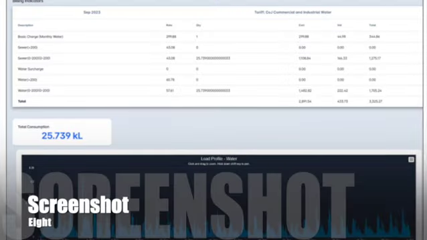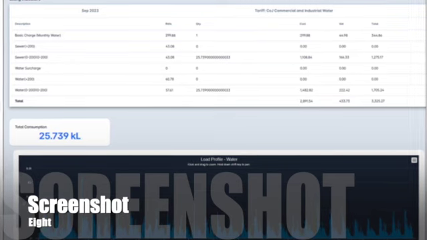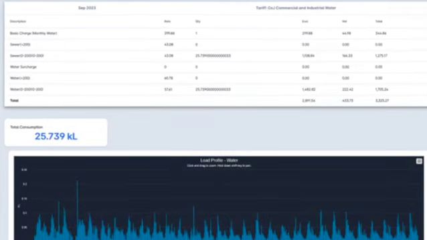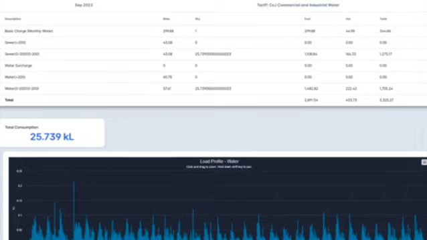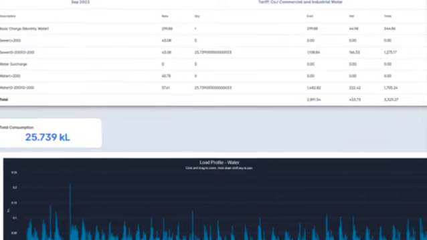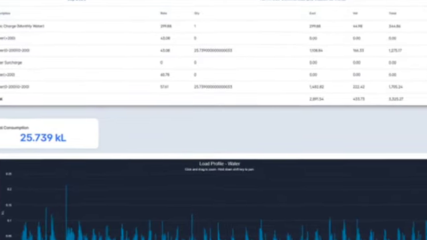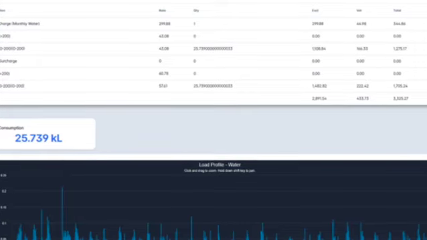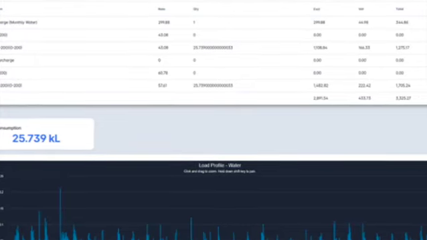I'm showing you another screenshot of another bill where, from a water point of view, you can see exactly what your consumption is for the month, your basic charges, sewer. It shows you your kiloliters, and it actually gives you a graph of what your consumption is at any time. And it shows you what your tariff is, which is most important.